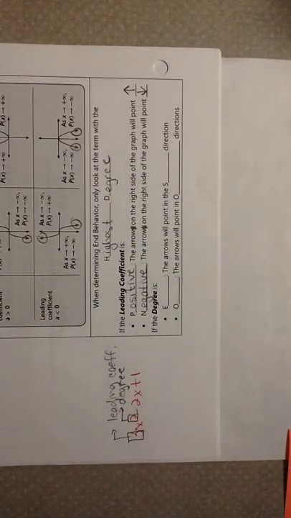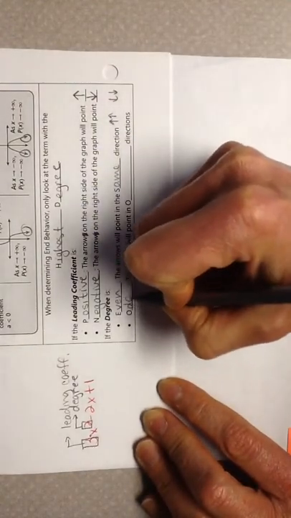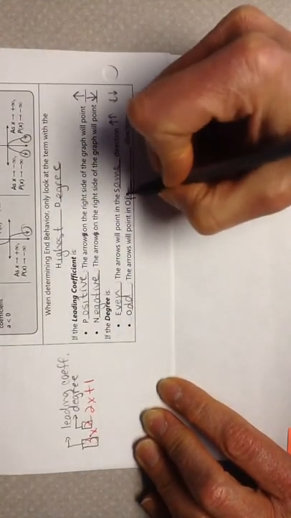Now, if the degree is even, the arrows will point in the same direction. So they'll either both be up or both be down. If the degree is odd, the arrows will point in opposite directions. So either one will be up and one will be down, or one will be down and one will be up.